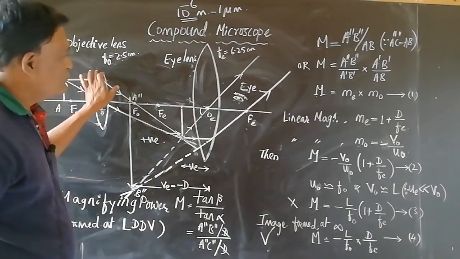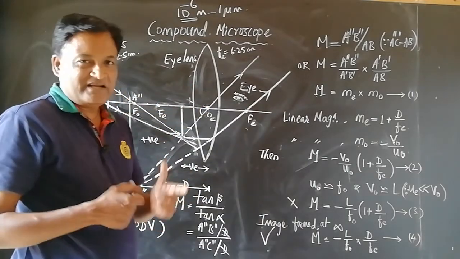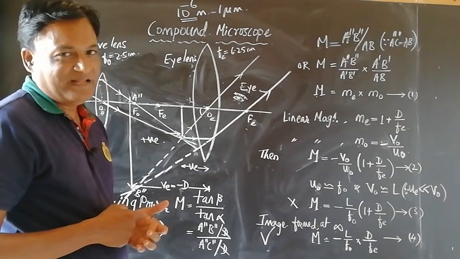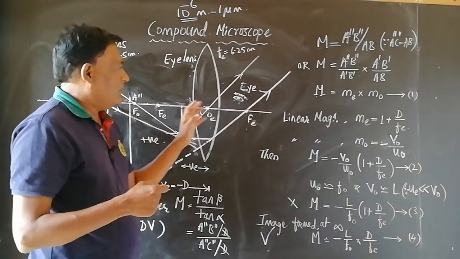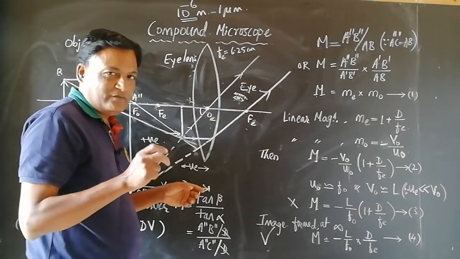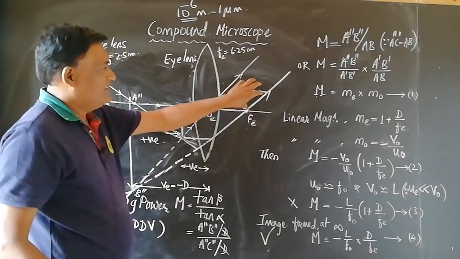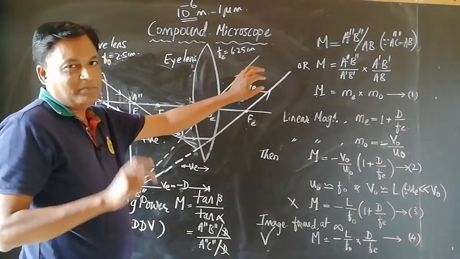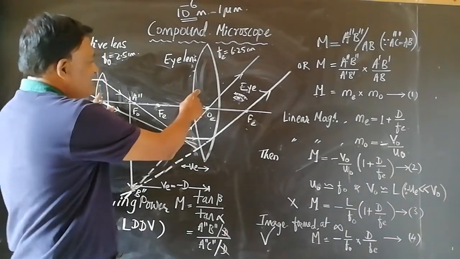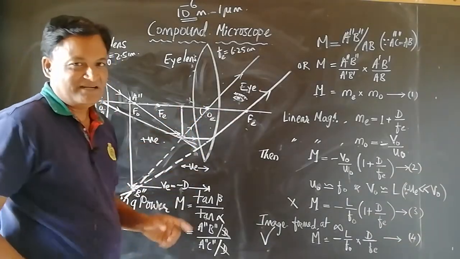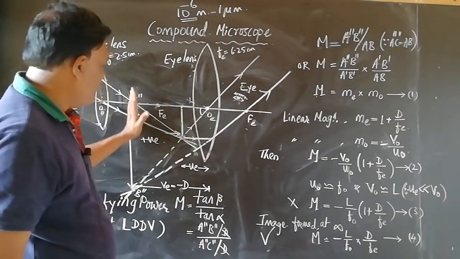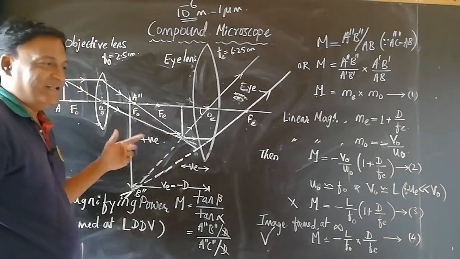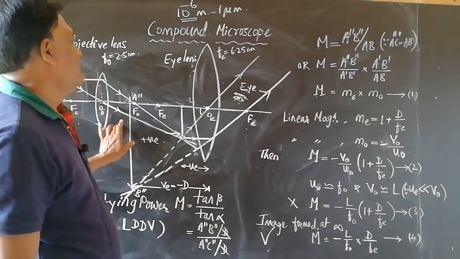These two lenses are placed coaxially with a common principal axis. The compound microscope is provided with a rack and pinion arrangement that the experimenter operates to change the relative distance between the object and the objective lens and the eye lens, to focus the given object clearly and distinctly.